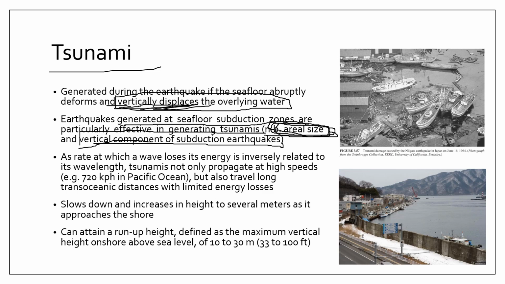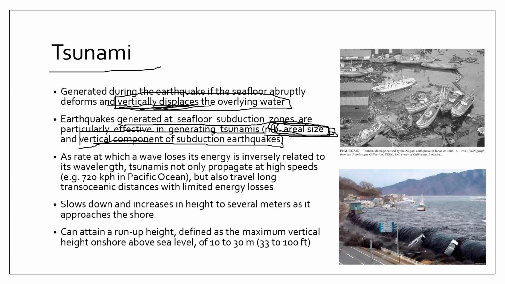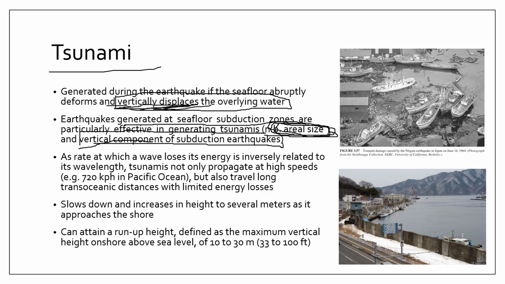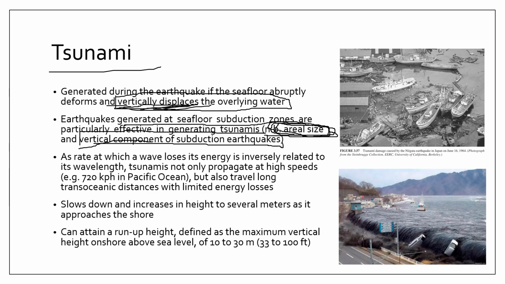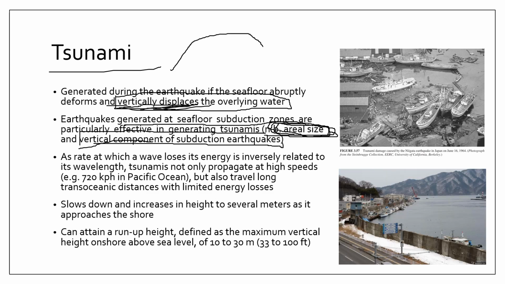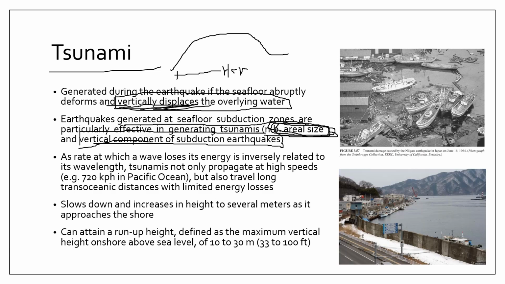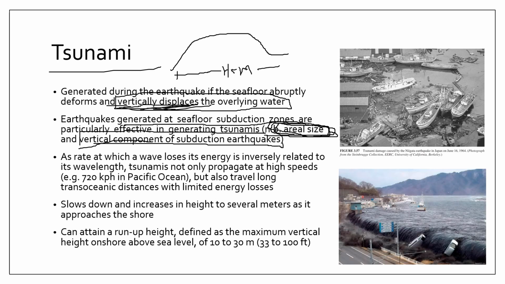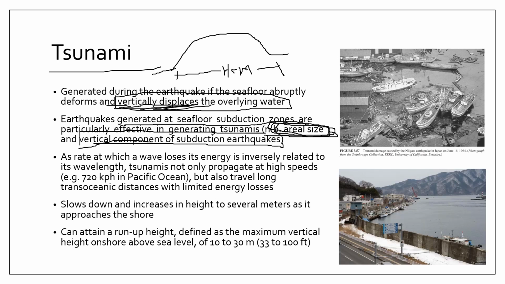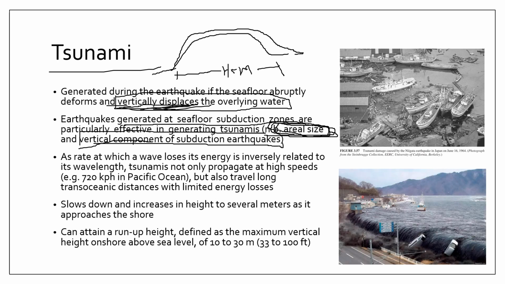And another feature of a tsunami is that it's huge. It has a wavelength in the order of kilometers. A tsunami wave in the deep ocean can have a length in the order of a kilometer.